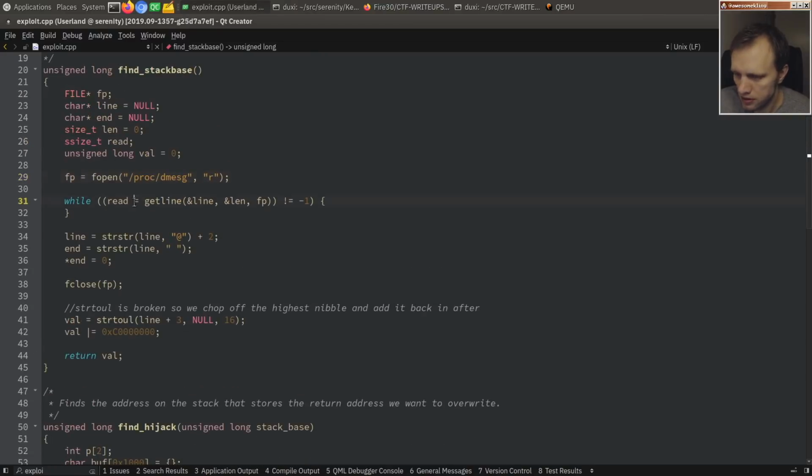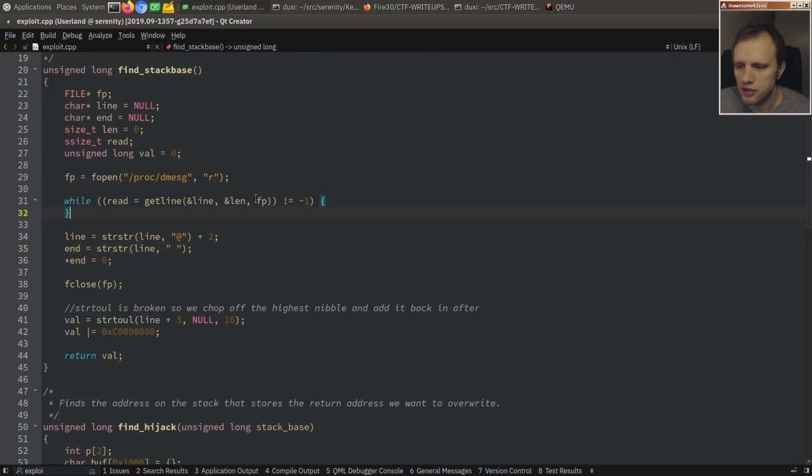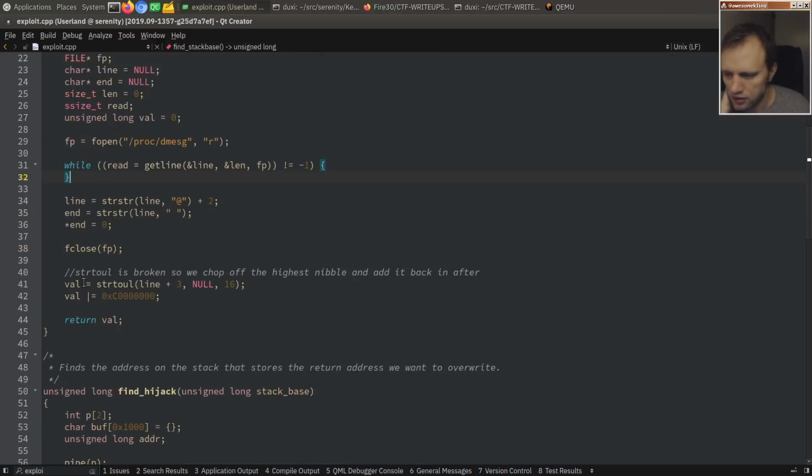So he opens it up and then he does a getline, line by line, until he finds something that looks like, I guess he's looking for the last instance here. Because every time we start a new thread, we print this out. Because he knows that he just started, he can just look for the very last one. And then close /proc/dmesg.